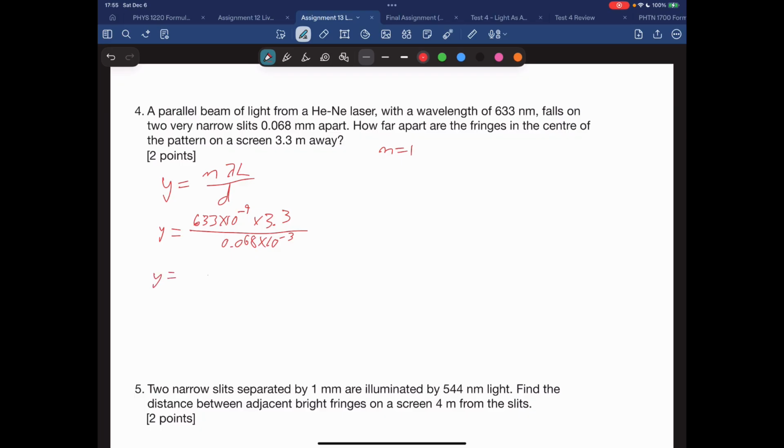And this leaves us with about 3.1 centimeters as our final answer, or 0.031 meters. I wrote my answer in centimeters here because so far I've been giving you y fringe spacing in centimeters.